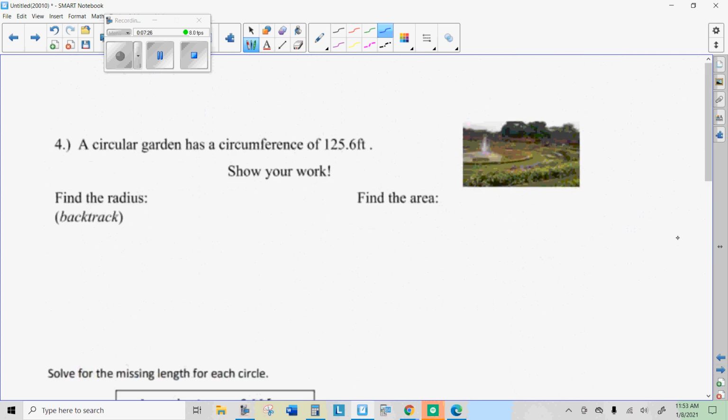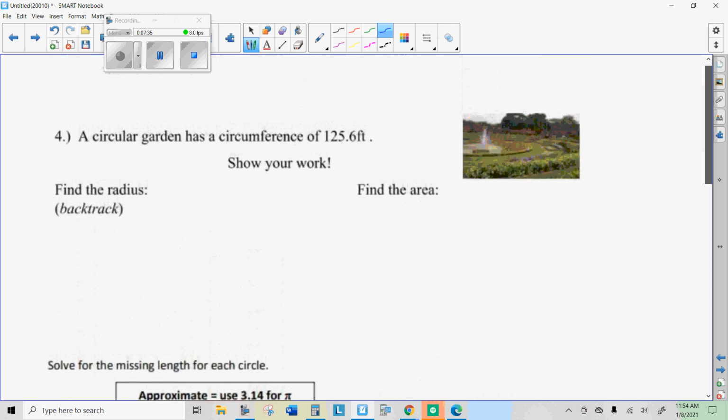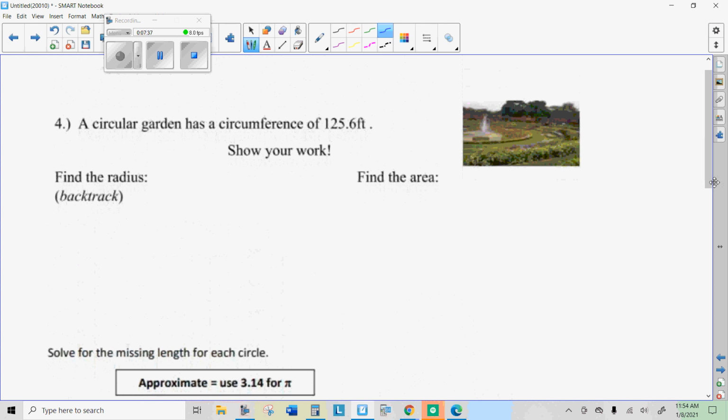Okay, another thing you had to do was to take a circumference and or an area and find the radius or the diameter. Okay, so this says the circumference is 125.6. So that means whoever found this circumference, they use this formula, diameter times pi, right?